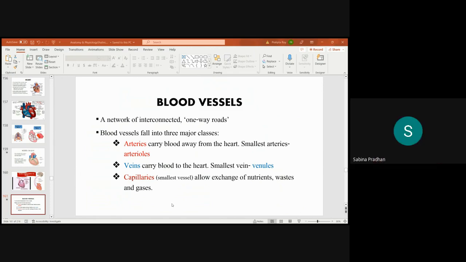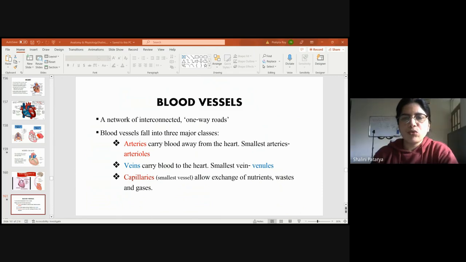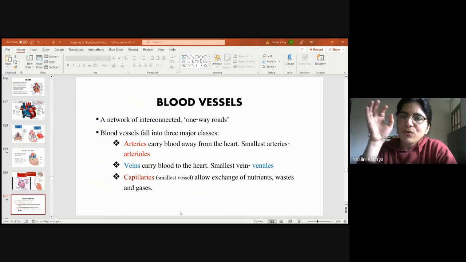Okay, 2 markers they ask. And what else? They ask about the blood composition and all those things. A little bit. We will learn all those things, not in one class, because then it will be overdone. I want you to learn what I told today about this heart and everything, so that you can secure the maximum marks here.